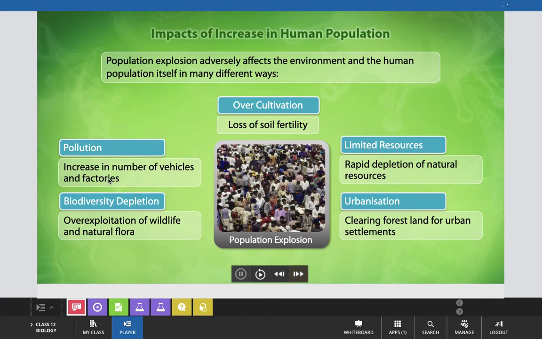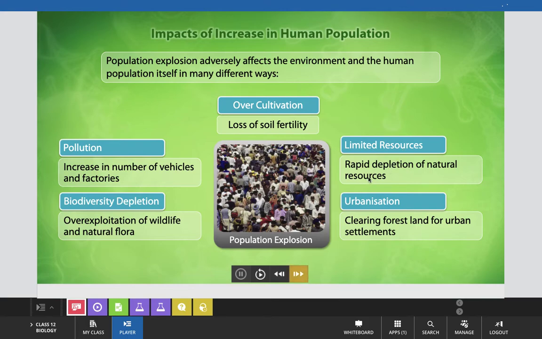Increase in the number of vehicles and factories again leads to pollution problems. And biodiversity depletion is also one of the important adverse effects of the increasing population. Over exploitation of wildlife and natural flora leads to that biodiversity depletion, and we are facing all these problems today.